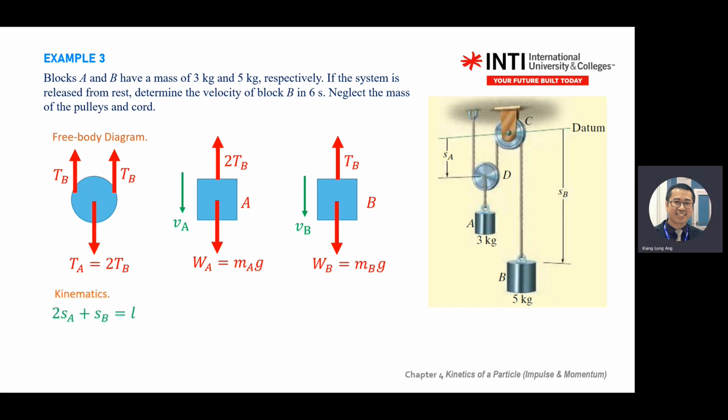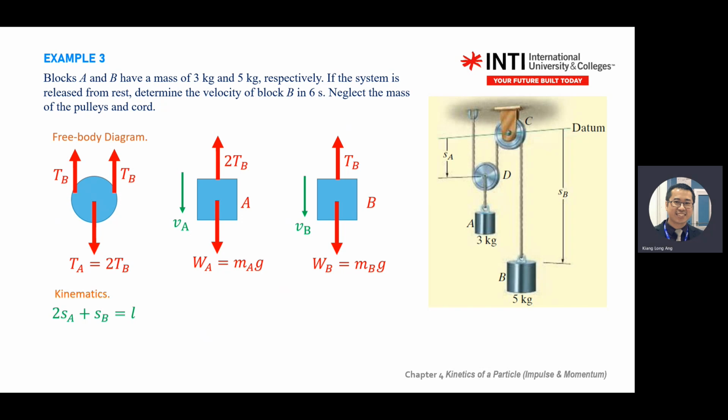So, pulley system, you find the total length: 2SA plus SB. Right? After integration, what do you get, Nico? After time differentiation, what is the next step when you find the total length? Integration.